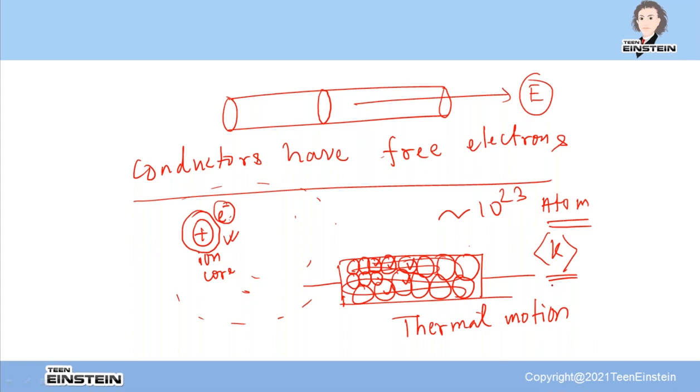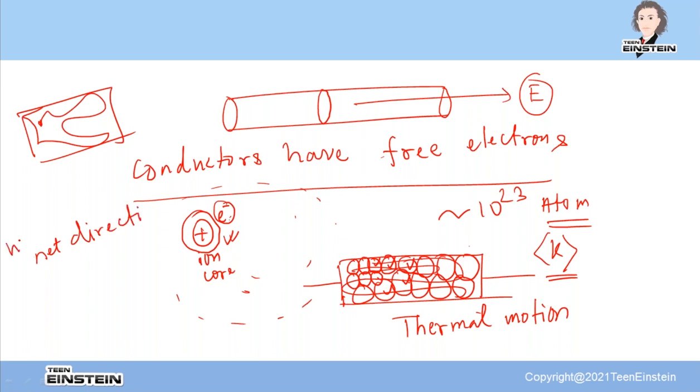So what will happen due to thermal energy or thermal motion? Electrons will be randomly moving inside the solid. One electron starts from here, it will be moving randomly like this. They don't have any net direction of the velocity.